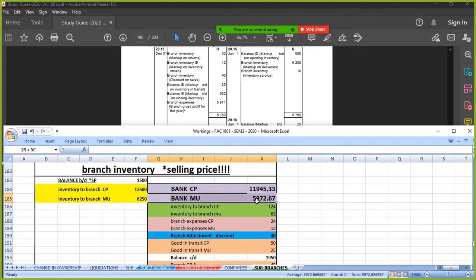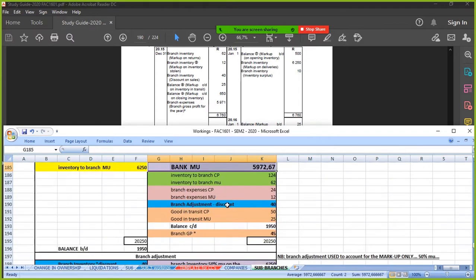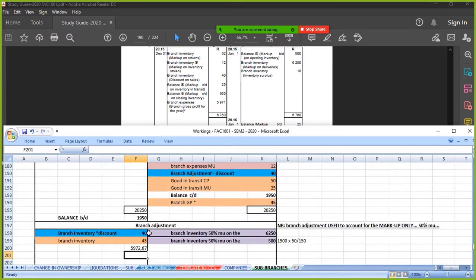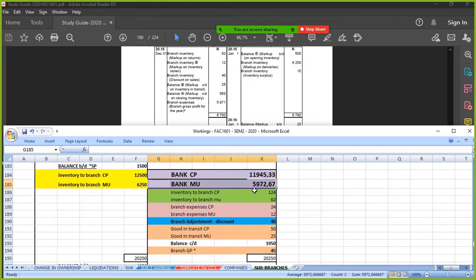I had the 1952.67. That needs to go there. Okay, this is representing the cash sales. Cash sales, asterisk, 50% markup. Okay, from my working, it's there. Okay, it's that portion. All right, then what do I need to take out?